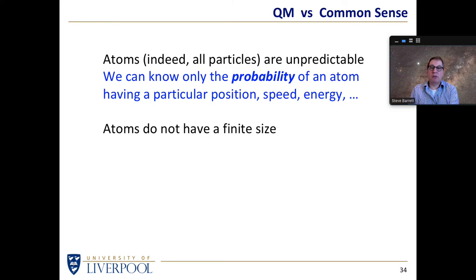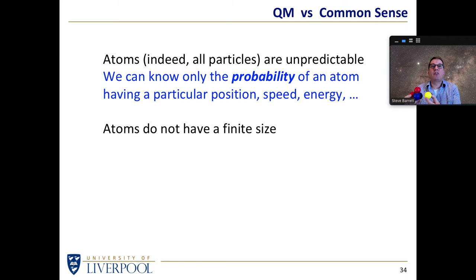And I mentioned that the world apparently is made of atoms, so presumably atoms are very small. But if you think about an atom being a nucleus and an electron, how far away is the electron from the nucleus? Well, we can't say. Remember, we can only talk about the likelihood, the probability of an electron being at a particular position.